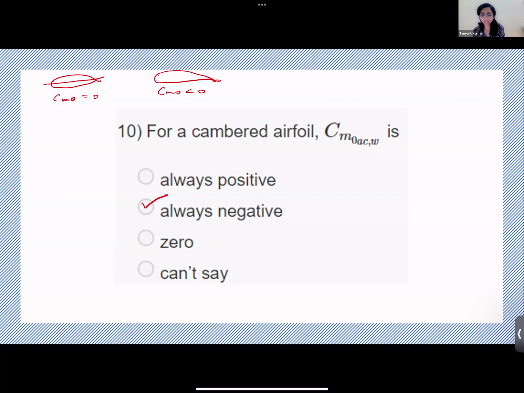Have you gotten the answer? Okay, I'm not going to give you the answer, but we'll discuss this next week. Please do find out at least by then.